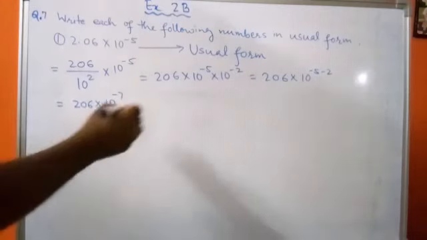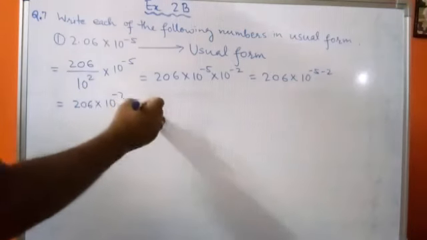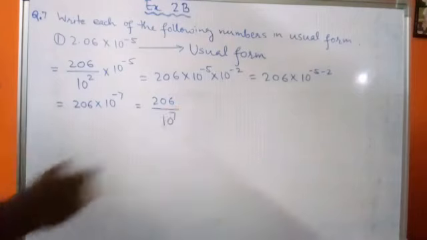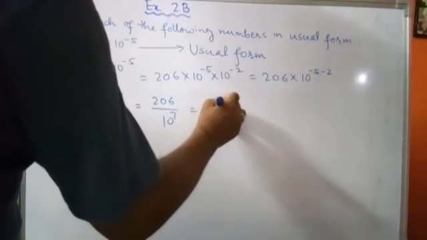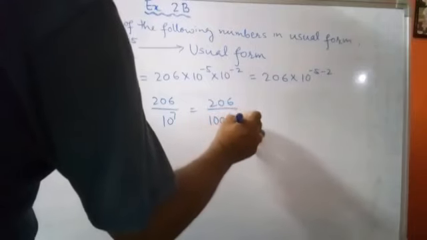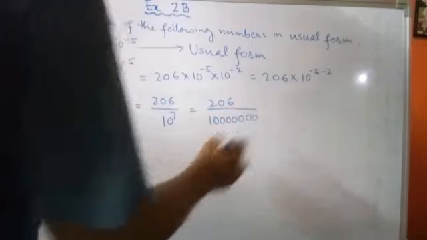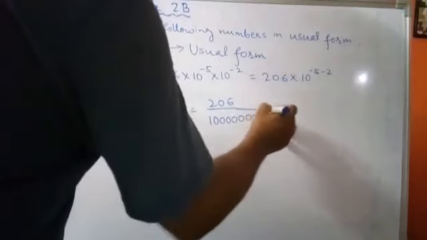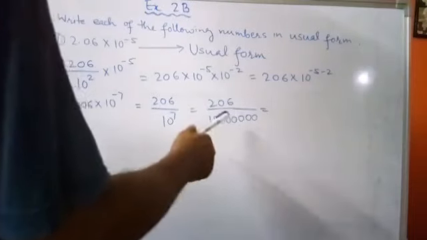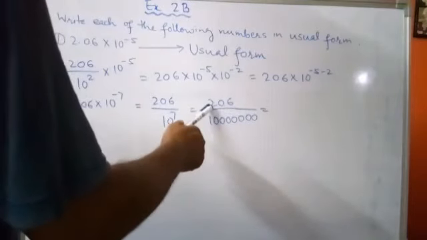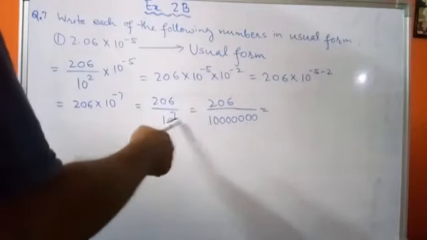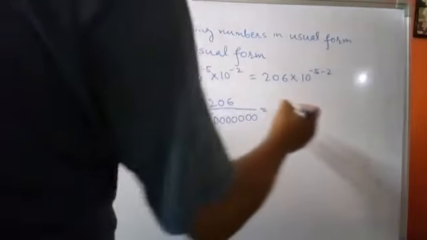In our next stage, we can also write this number as 206 by 10 to the power 7, or 206 by 1, 2, 3, 4, 5, 6, 7, because we have to write it in usual form. That means including this number, we have to place the decimal before 7 places.